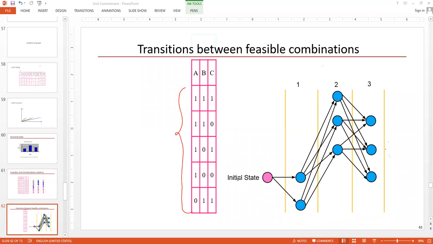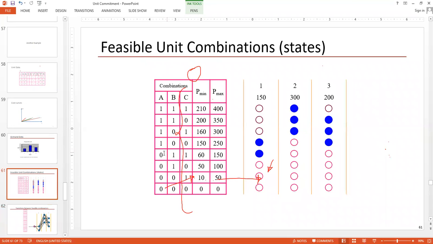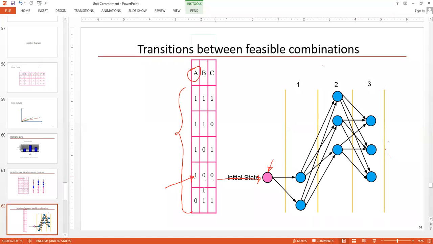What is the initial state? In the initial state, it was 100. That means unit A was only turned on. So you see 100, this is the initial state, represented by the purple node. Then at hour number 1, we had these two feasible states, 100 and 011.